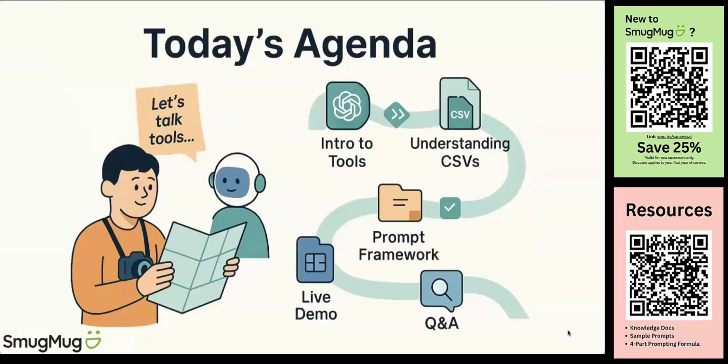So here's our roadmap and where we're headed over today's presentation. We'll start with a quick intro to the AI tools we're using. These will be ChatGPT and Claude. We'll discuss the differences between the two, but more specifically, when you might consider using one over the other. Then we'll show you where you'll find the summary and detailed CSVs in your SmugMug sales history, and we'll break down what's actually inside those SmugMug CSV files.